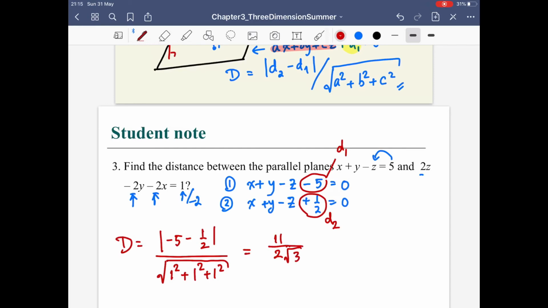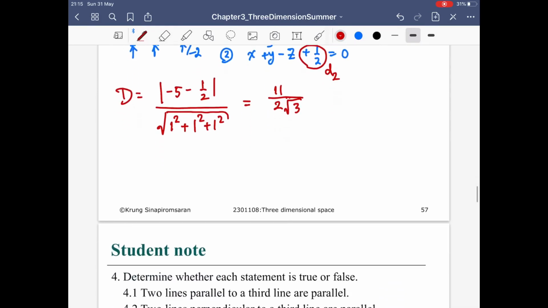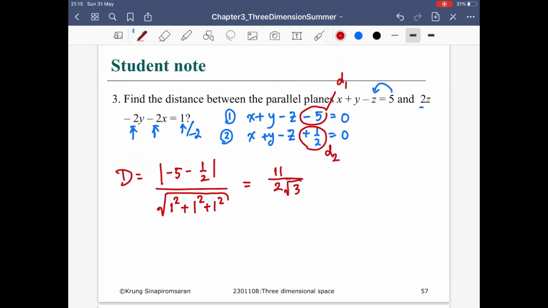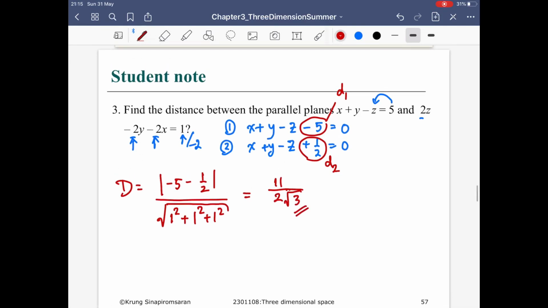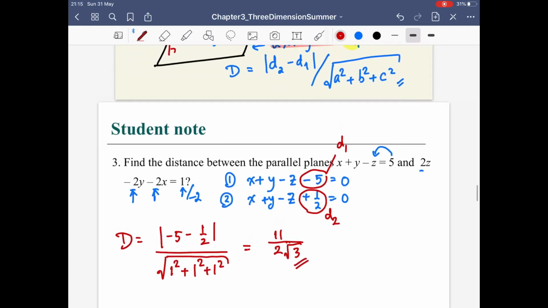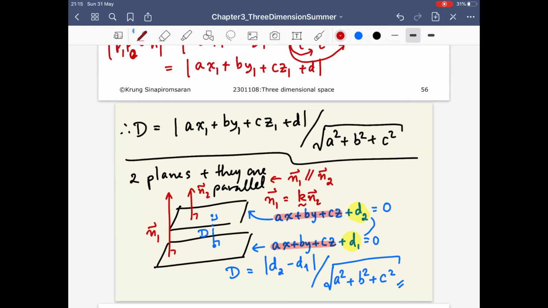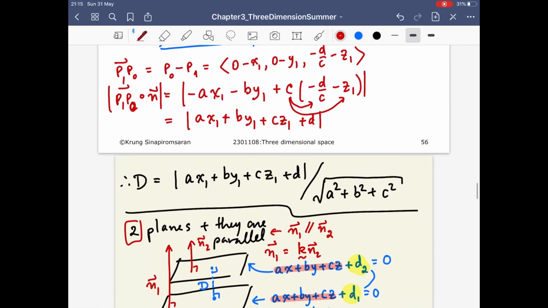All right. So let us stop this clip over here. For this clip you need to go back and see: if we want to find the distance between two parallel planes, what can we do?